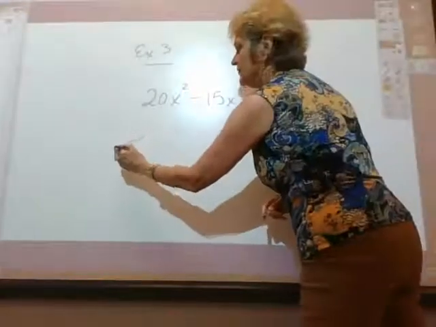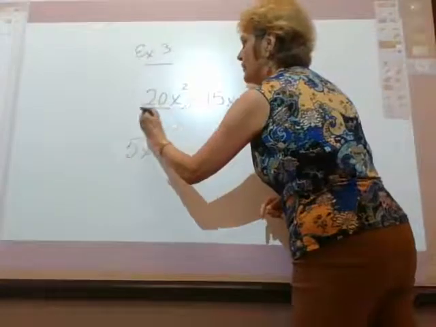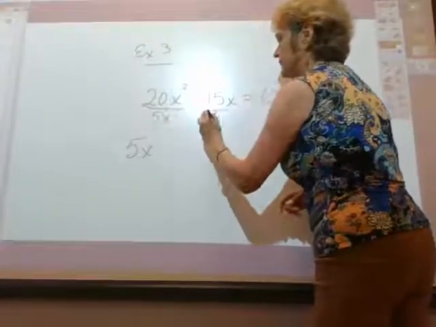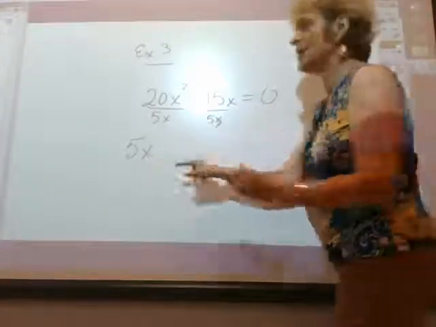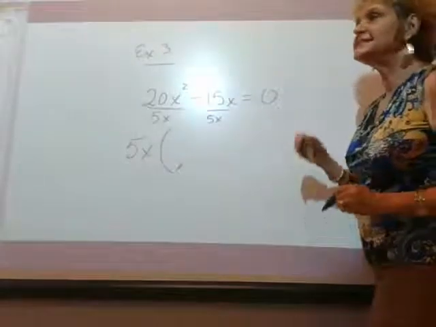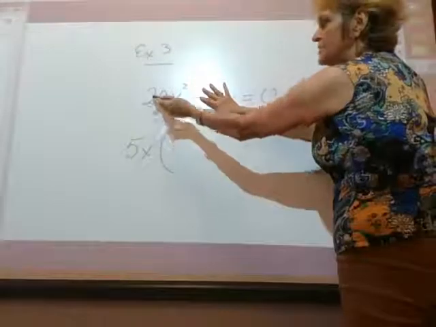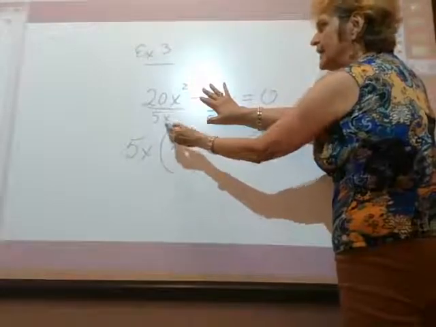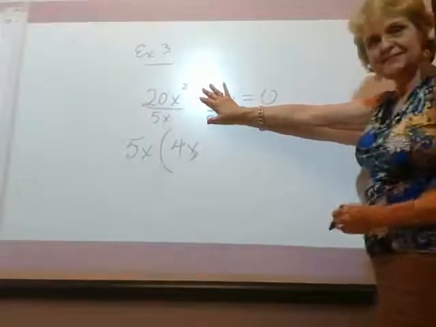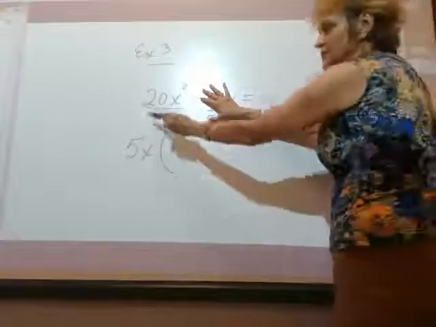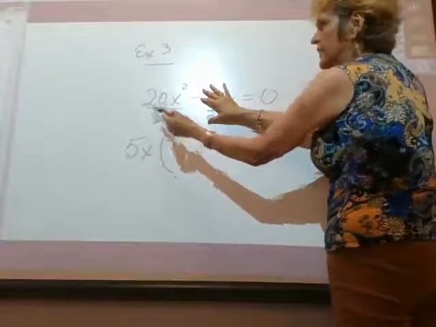Yes, I could take a 5 and an x out of both of these. So I write that common factor and then see what I have left when I factor that out. So 5 into 20 is 4, x into x squared is x. Okay, so I have factored 5x out of here.